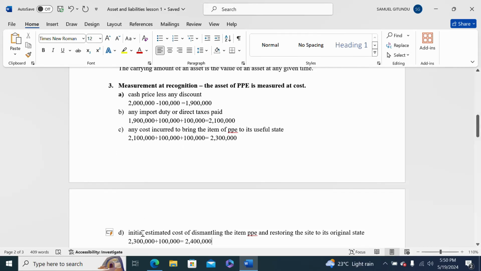So these are the four elements of the cost of property, plant, and equipment at the recognition stage.